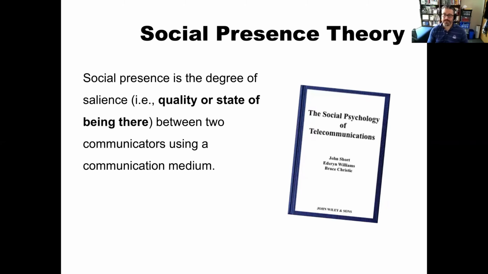Short and his colleagues in London were doing research during the 70s, and they saw social presence as the quality or state of being there, or being real. When two or more people are communicating, how do you get a sense that the other one is there? How do you get the sense that the other one's a real person?